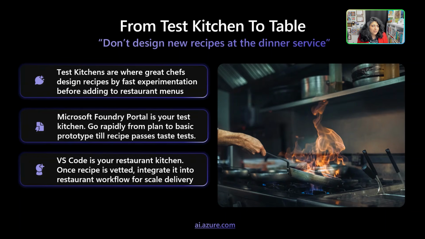You don't go around designing your recipes right at the dinner table. Rather, great chefs will have a test kitchen where they quickly experiment with these recipes until they get something that passes their taste test or evaluation. Then they can take those and move it into their restaurant kitchen or code-first development environment to make that better.